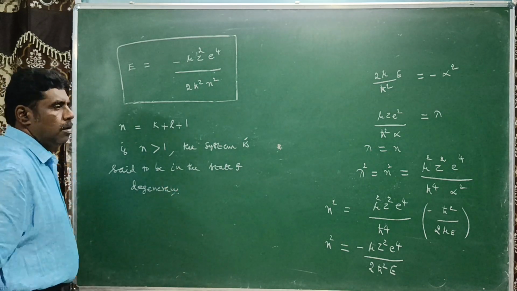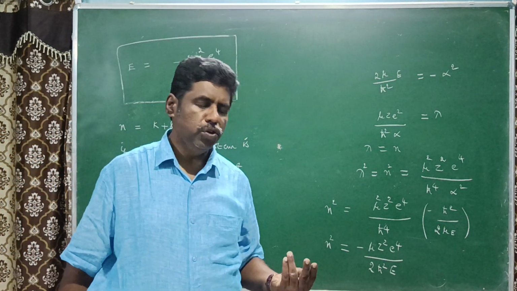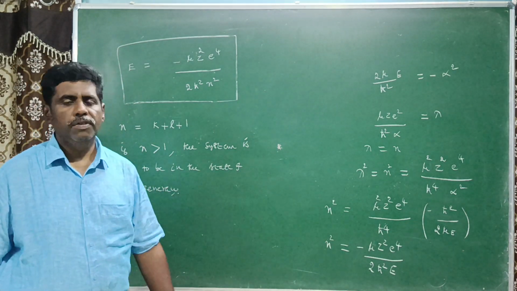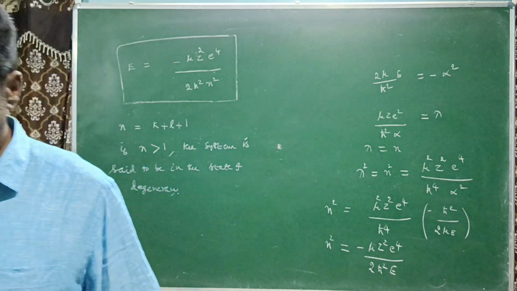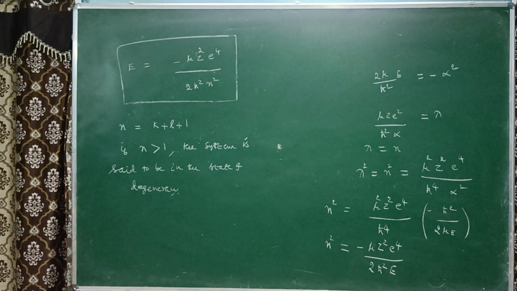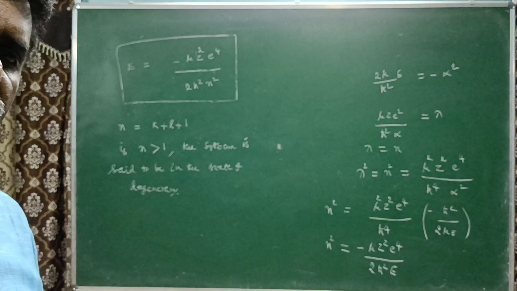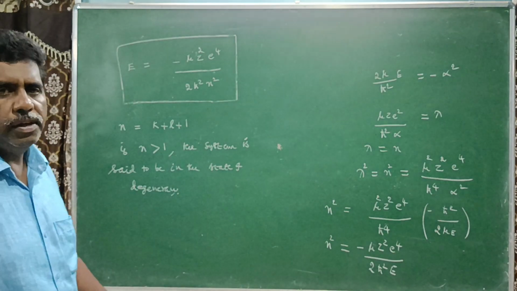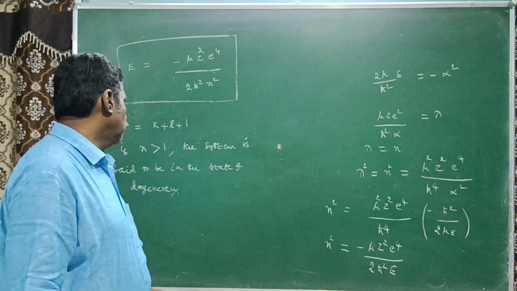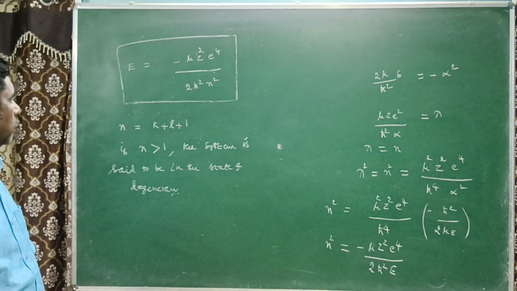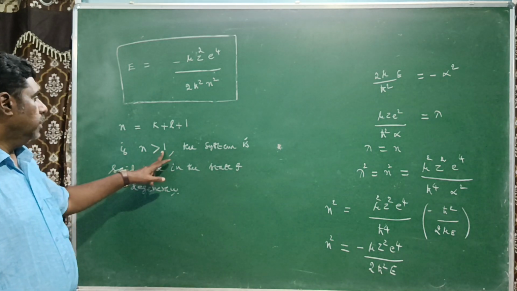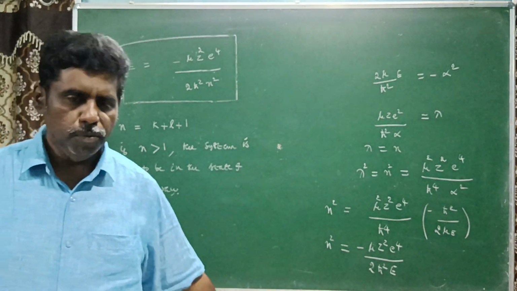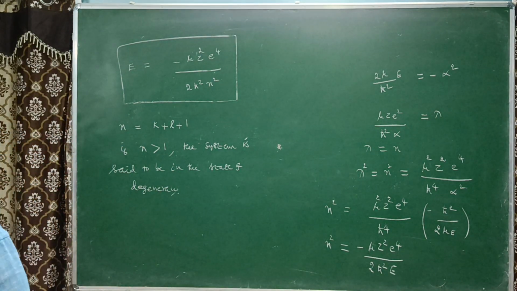The meaning of degeneracy is known to you. Multiple eigenfunctions corresponding to only one energy level is called degeneracy. Psi 1, Psi 2, Psi 3 and so on are the eigenfunctions. If all the eigenfunctions are corresponding to a single energy level E, then the system is said to be in the state of degeneracy. We have to prove the same with the help of an energy level diagram.